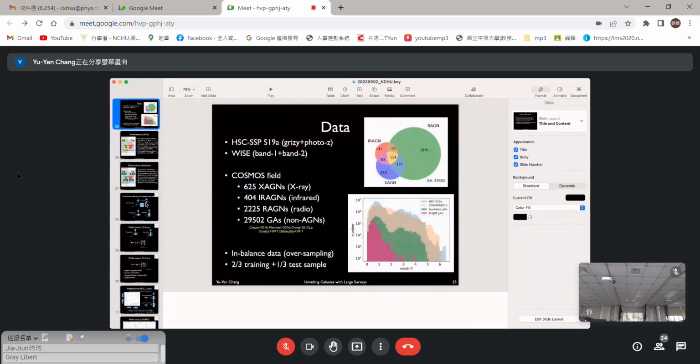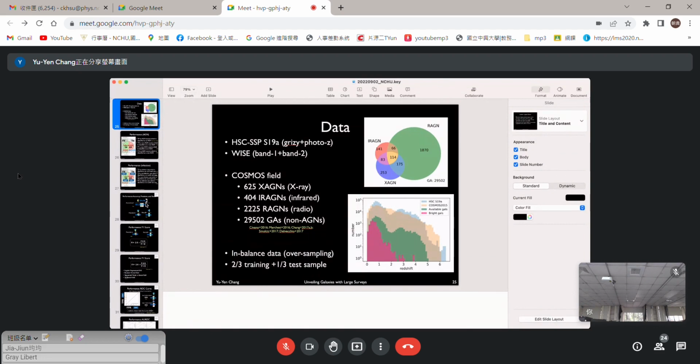I'm not sure about band 1 and band 2. What are band 1 and band 2, what's the difference between them, and how do we get them? Okay, so I don't explain in detail here. This is data from the WISE survey. It's an infrared all-sky survey which contains 4 bands.